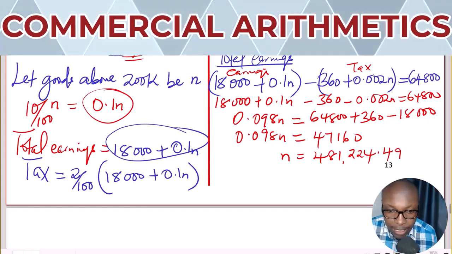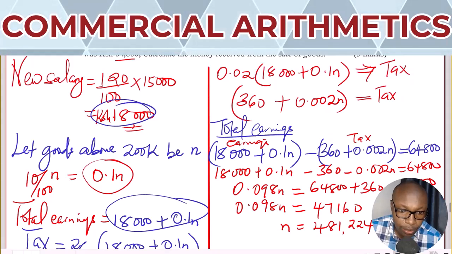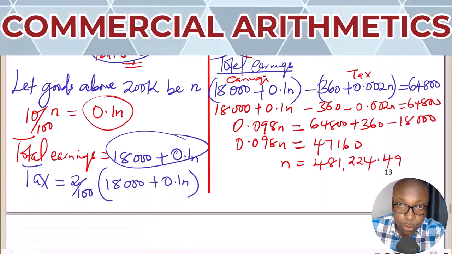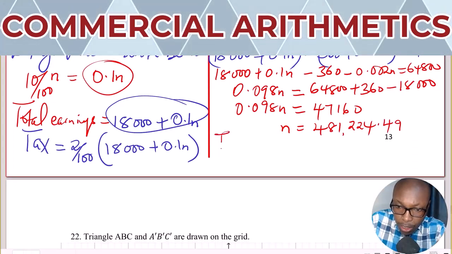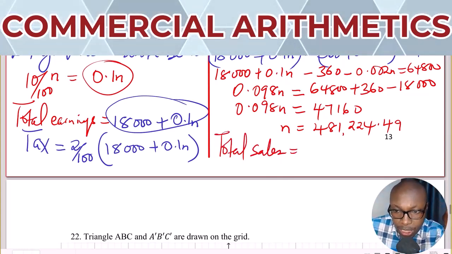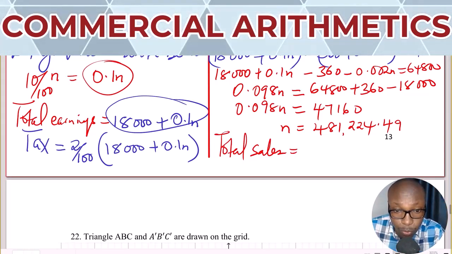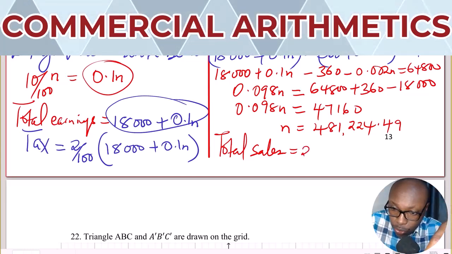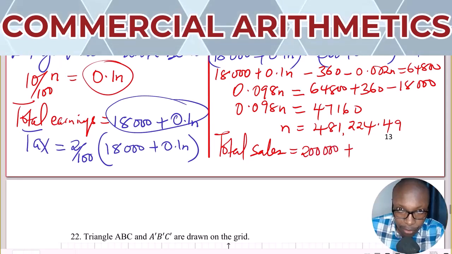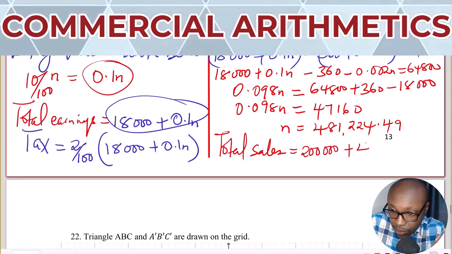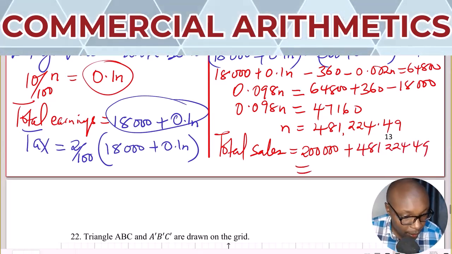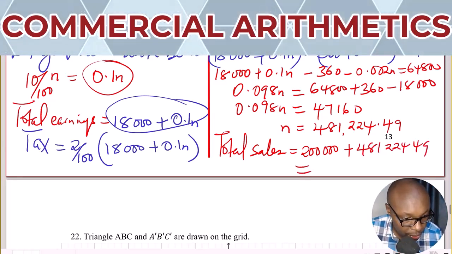So this is N. And remember, what was N? N were goods above 200,000. Therefore, the total sales will be given by, because N refers to the value of goods above 200,000, we are going to take 200,000 plus N, which is 481,224.49 cents.